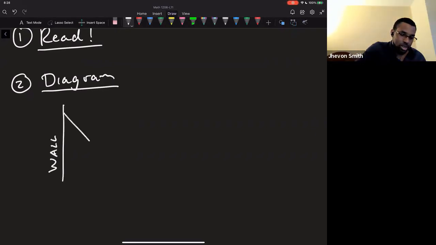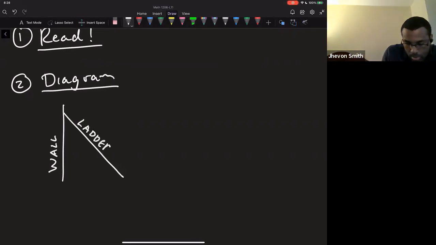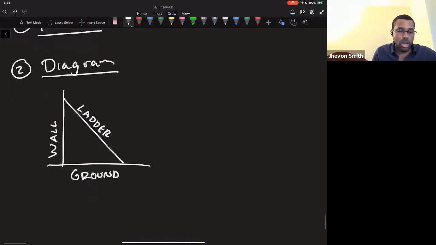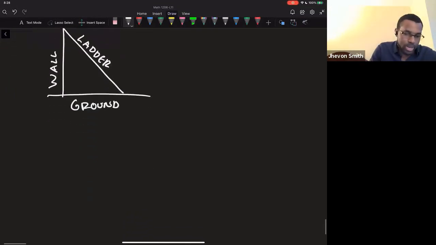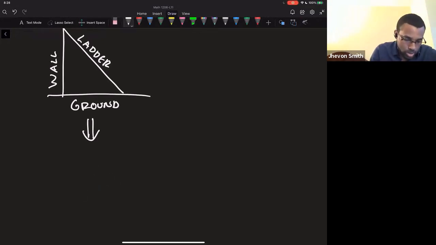You have a ladder lying against that wall, so that's the ladder here. And then of course there's the ground, which the ladder's on. So you already have this right triangle diagram coming in, because of the vertical wall, and we're going to, of course, assume that the ground is horizontal.